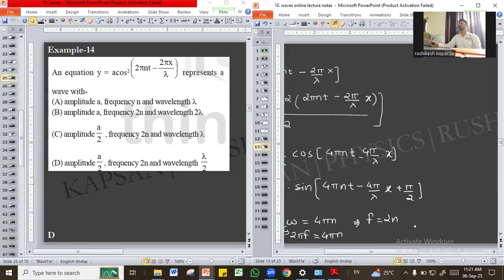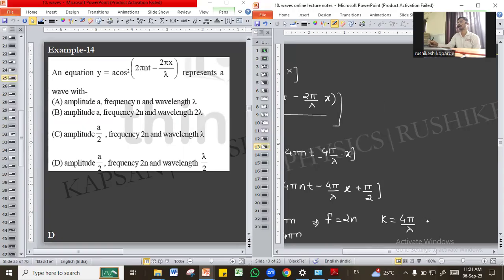What is our wavelength? From comparison, coefficient of x is what? K. Coefficient of time is omega. Omega t minus kx. So after comparison, you will get k is equal to 4 pi by lambda. But as per our logic, k is what? 2 pi by wavelength. Let us call wavelength as lambda dash.